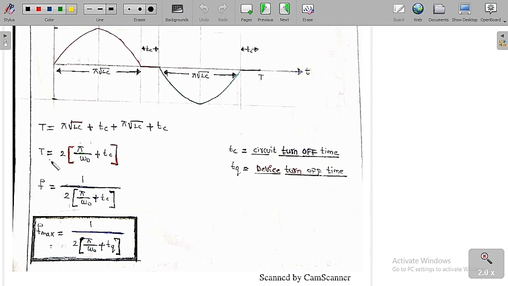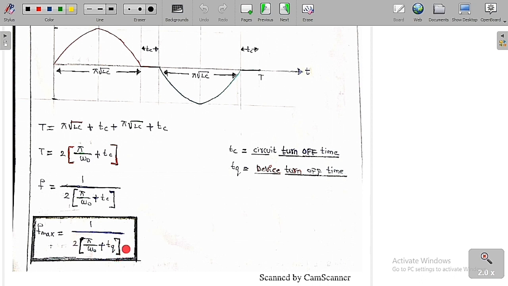Now I want to find the frequency of the output current. Frequency is the reciprocal of the time period, so 1 by 2 into pi by omega naught plus TC. This is the overall frequency of the output current. But I want to find the maximum frequency of the output current, which is the same expression, but now in place of TC I need TQ, because TQ is the device turn off time.